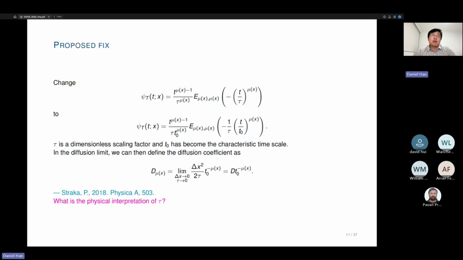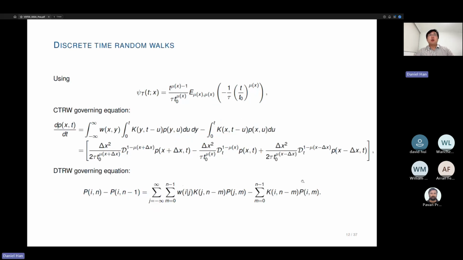And then if you do that, we can now define a diffusion coefficient in terms of delta x and tau, this dimensionless scaling factor, and now we're back to the safe land where our diffusion coefficient doesn't blow up, it also doesn't go to 0. Now the question is, what does this T0 and tau actually mean? From a continuous time random walk point of view, it's simply a trick to get your equation to exist again and for the diffusion coefficient to not blow up.